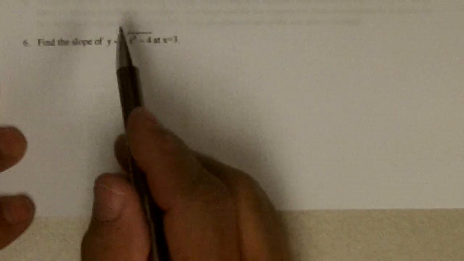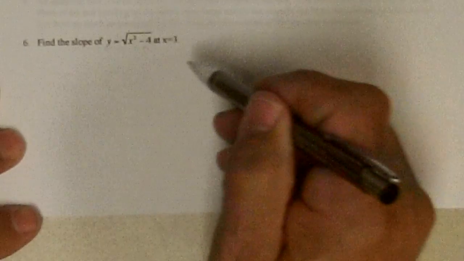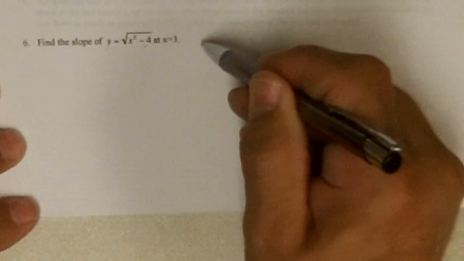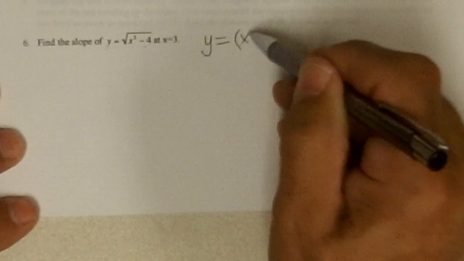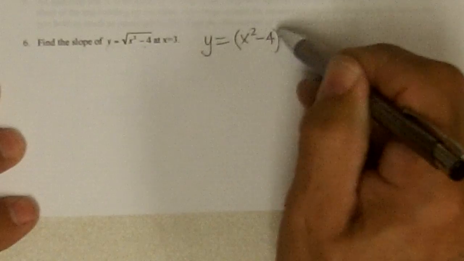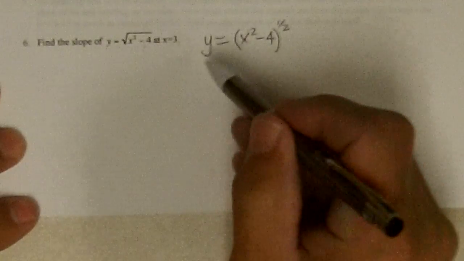Now it says find the slope of this one at x equals 3. So the derivative gives us a slope, so we'll write find the derivative. First of all, we'll write this as x squared minus 4 to the 1/2. And then we'll take the derivative.